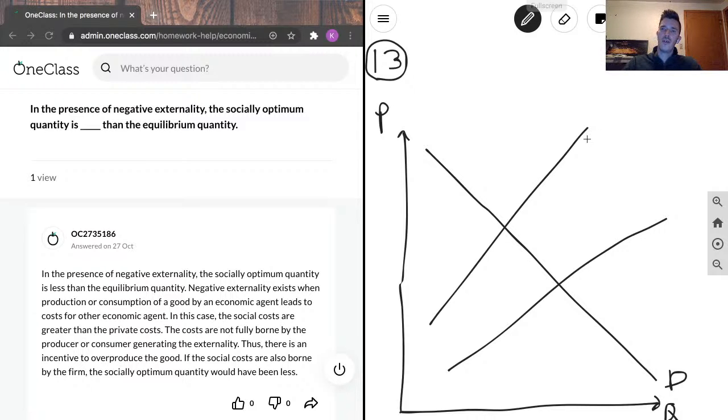So if I'm remembering this correctly, there is going to be the private market costs. But this is going to be the negative externality.